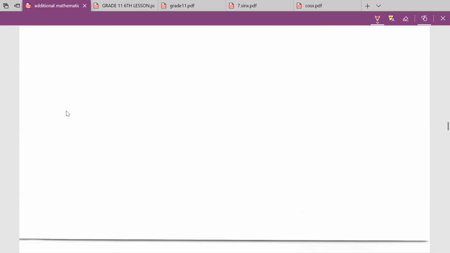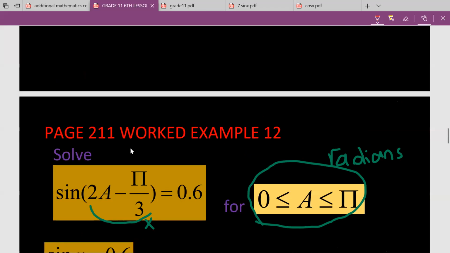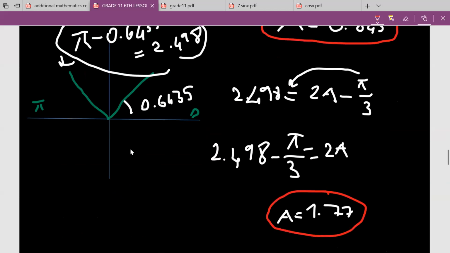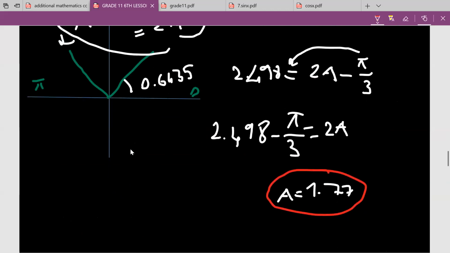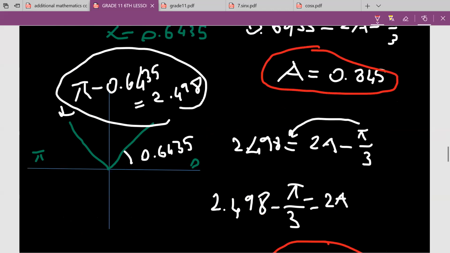Teacher, hi. Yes, Pramila. Can you go to the last exercise? Okay, here. Yes, can you go down, please? When you solve this a, can you explain how? Because you said that we have to put pi over 3 to the other side, but you didn't put plus, it continues minus.